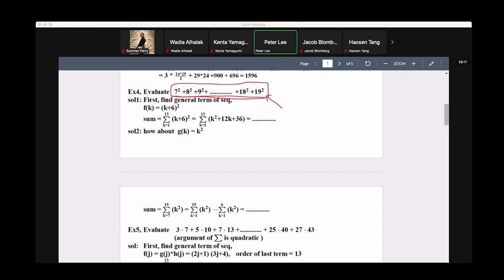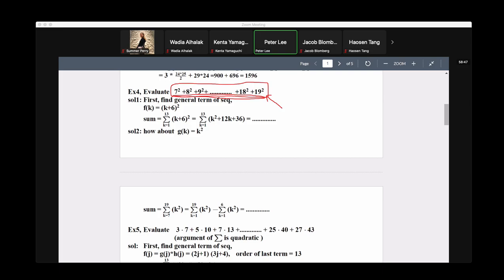If you just add them up, 49 plus 64 plus 81 plus 100, all the way to 361, that will only solve this problem. That is not enough, because you have not developed a solution method. Your goal is to find a solution method which can be applied to other similar, longer, and more complicated problems.